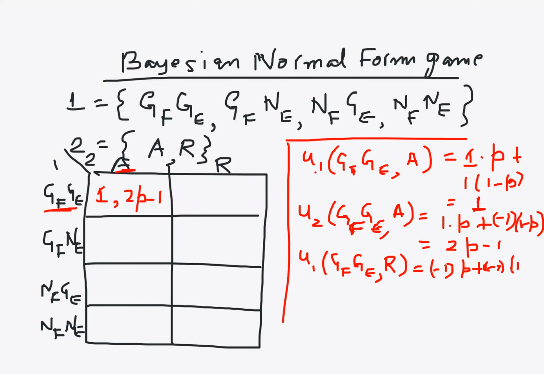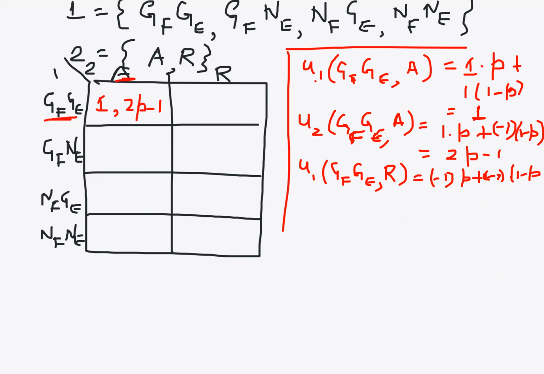So 1 minus P. So in this case, the payoff would be -1 times P, that's -P. And over here, -1 times 1 minus P, so that gives you -1 plus P. So that's equal to -1. So player 1 will get -1 here.